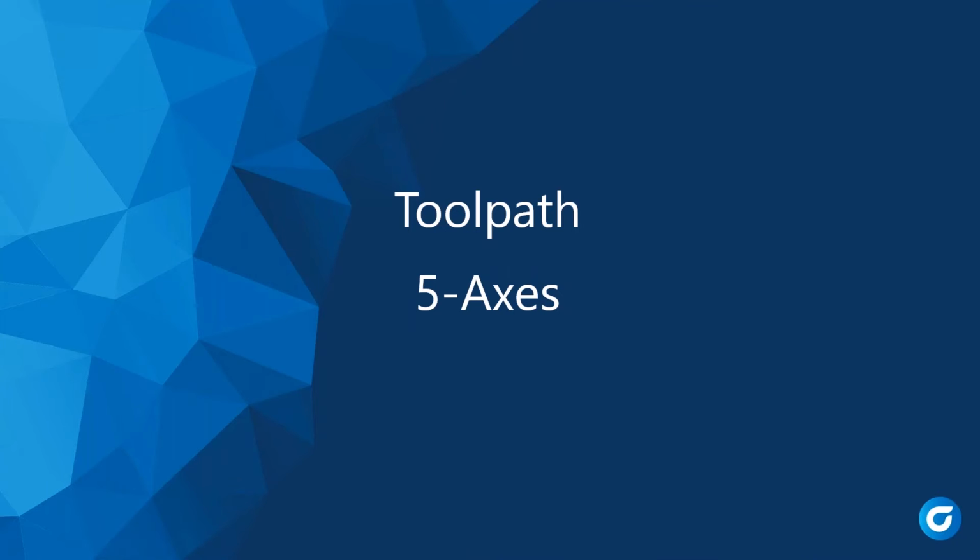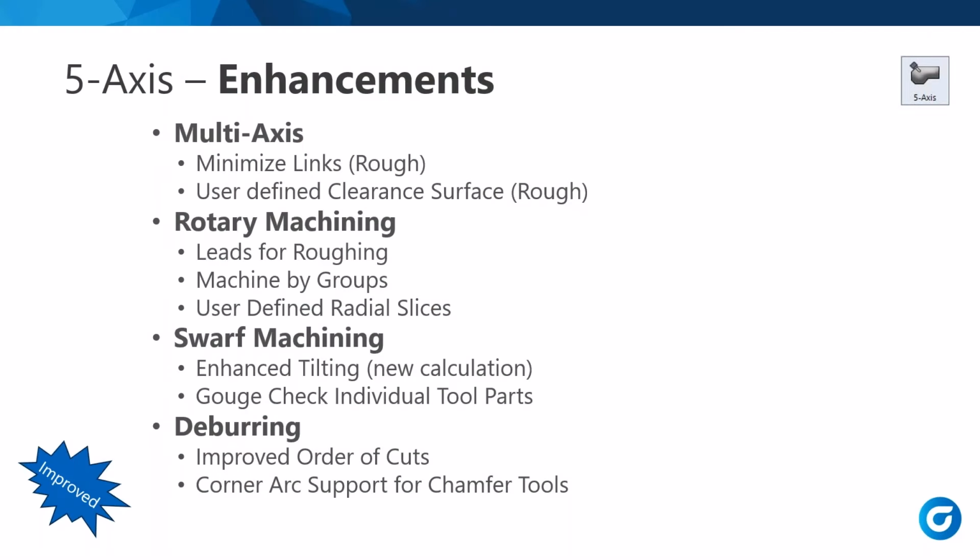Okay, 5-axis. I'm not going to show anything, but I do want to run through some items here. In multi-axis, we have minimized links in roughing, so it attempts to minimize how many link moves there are. This is an interesting one, user-defined clearance surface in roughing. We're used to having clearance planes, clearance cylinders, and clearance spheres.